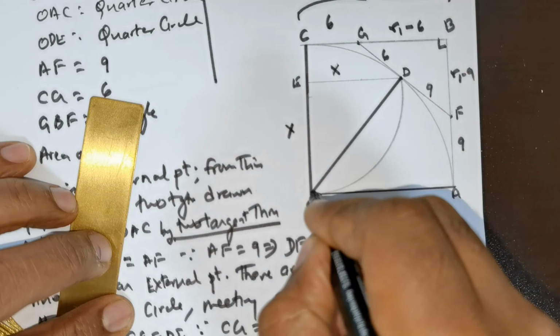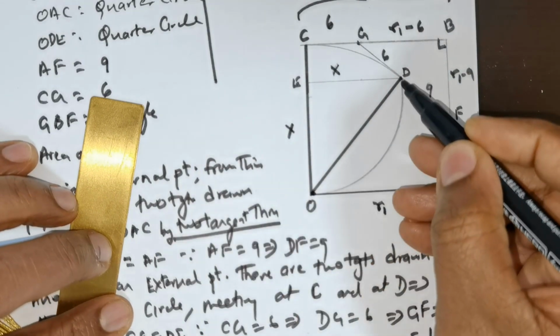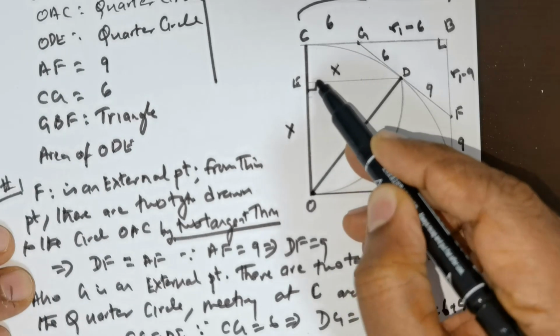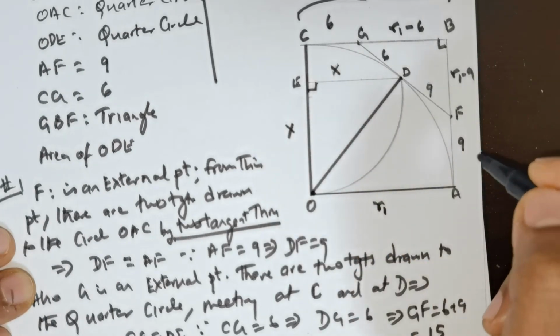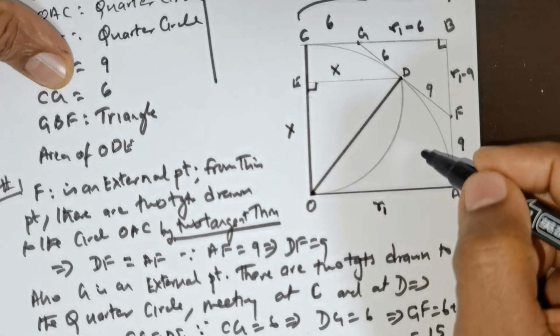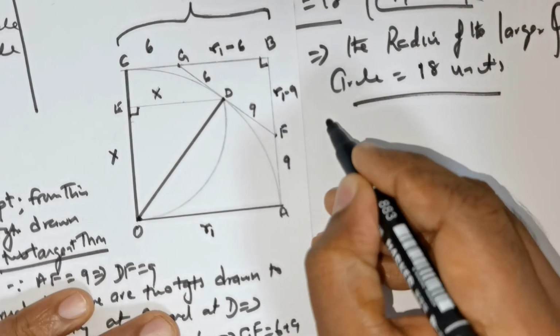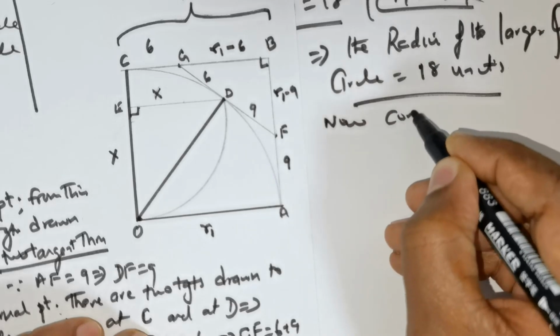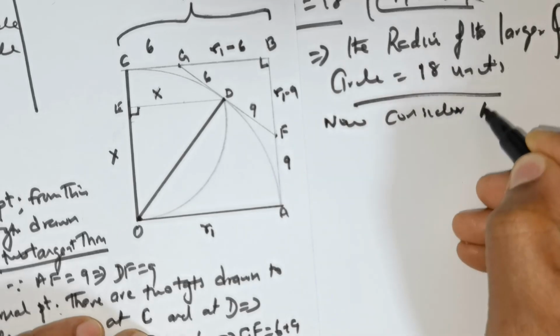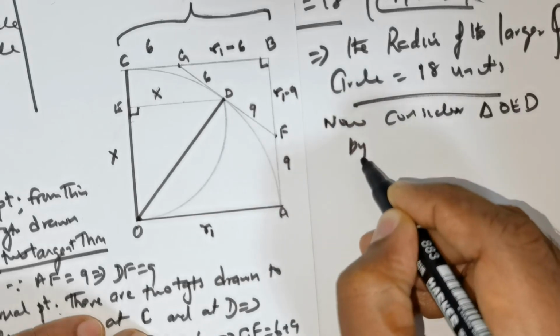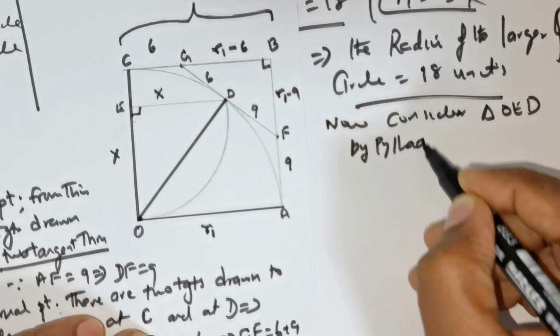Now this is the point O. From O I have connected D. Now this is going to be the hypotenuse. Definitely this is going to be 90 degrees, right? So if this is 90 degrees, let me do it over here. Consider the triangle OED. So by Pythagoras, what do we have?